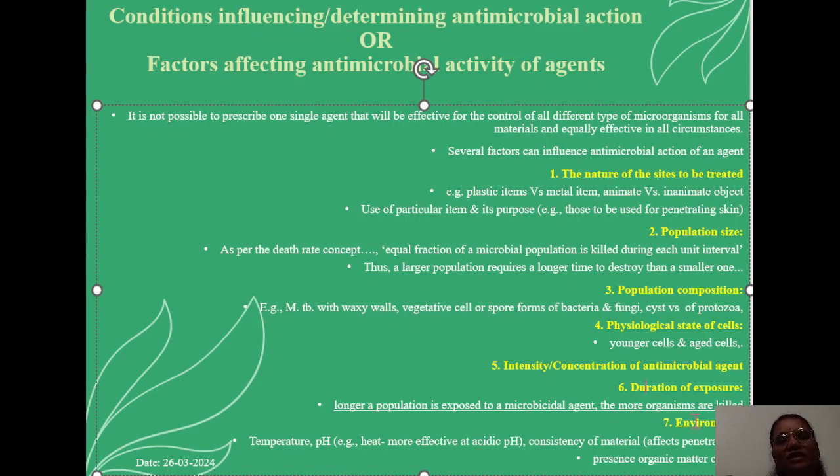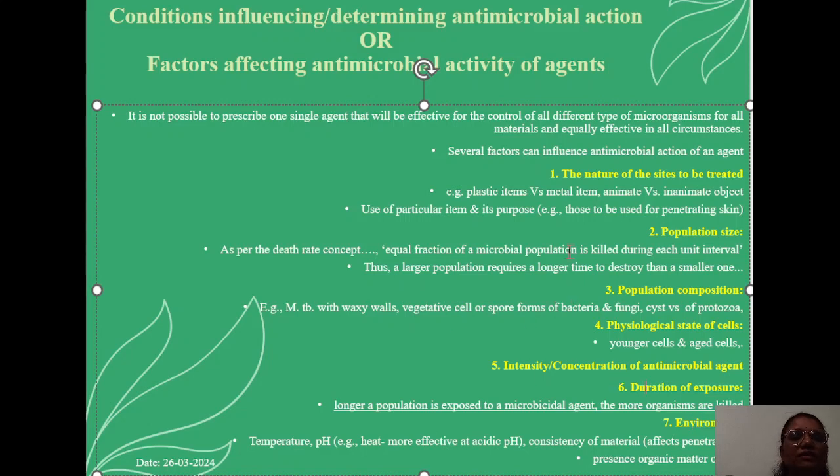Next is environment. A huge impact of the external environment can be there on microbial control activities. If we are applying some chemicals in an area which has ample organic substances or dirt, like inert material, it will cause a reduction in the efficiency of the chemical to destroy the organisms.